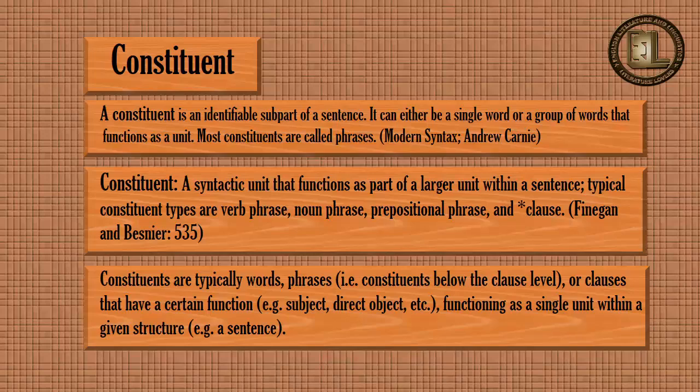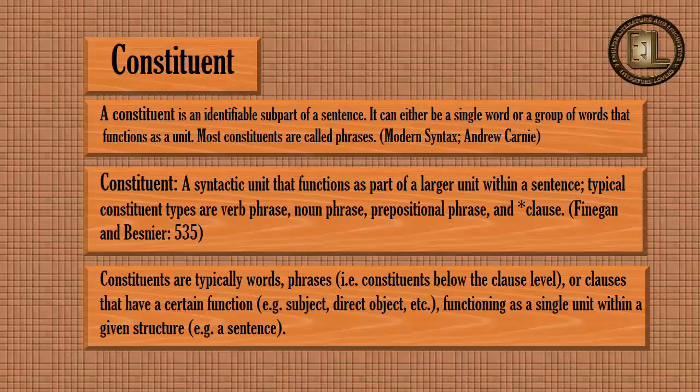The other definition is given by Finegan and Besnier, which is a syntactic unit that functions as part of a larger unit within a sentence. Typical constituent types are verb phrases, noun phrases, prepositional phrases, and clauses.